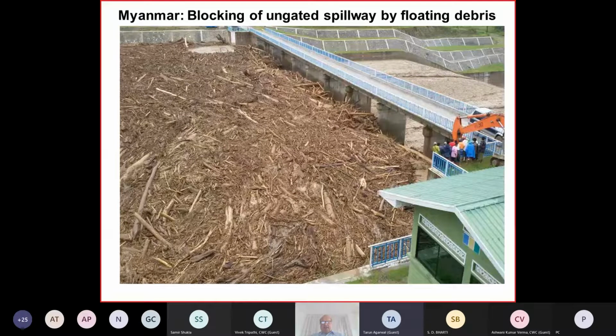We see here another case. This is from 2015, in Myanmar. This was a newly built dam, in Sakhain province. It's not far from India actually.